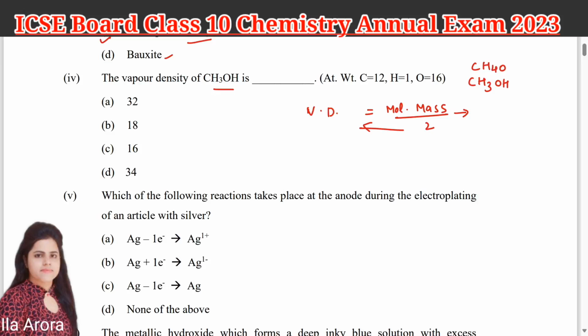It is given here. So it will be 12 plus 4 into 1 for hydrogen plus 1 into 16 for oxygen. So it will be 32, right? If you put 32 by 2, it will give you 16. C option is the correct answer.